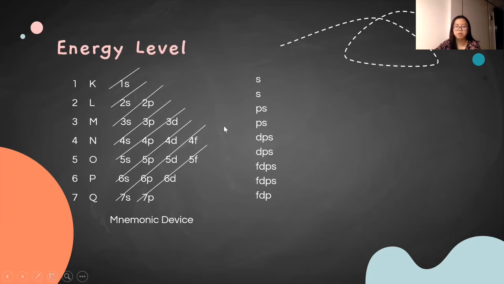And this is the mnemonic device. Then this is S, S, PS, PS, DPS, DPS, FDPS, FDPS, and FDP.